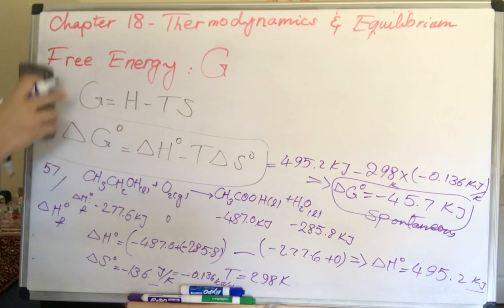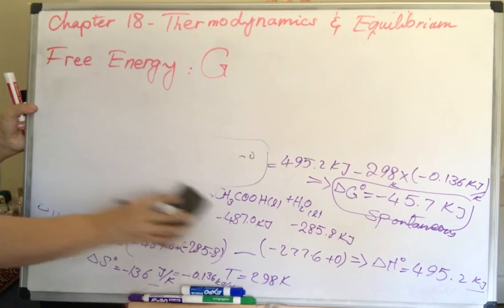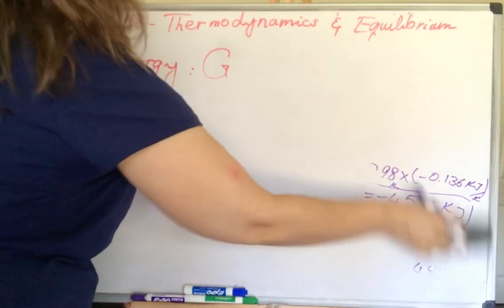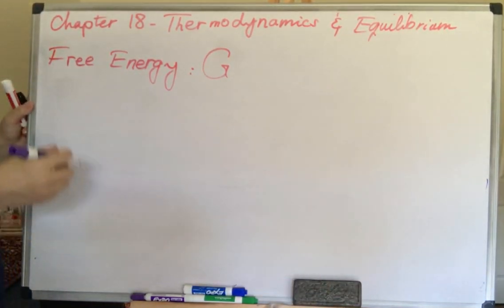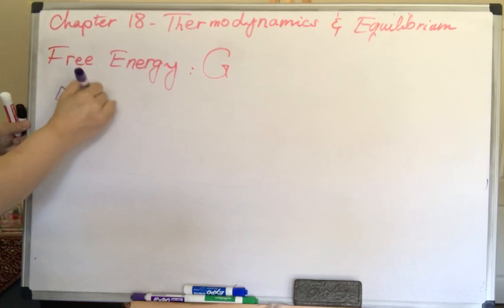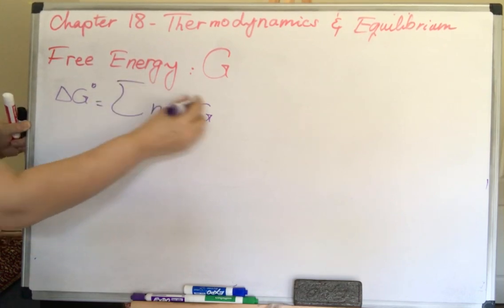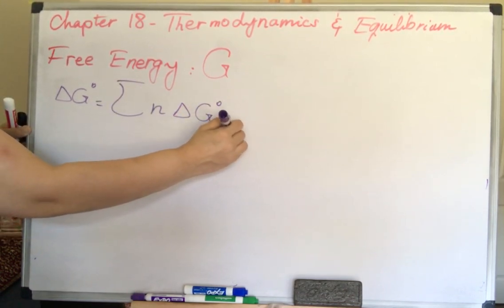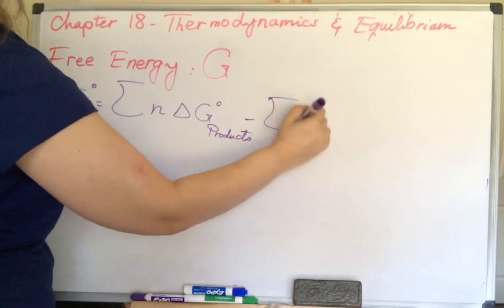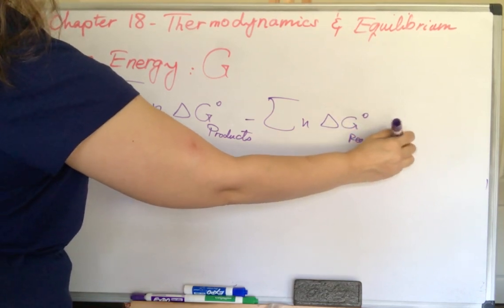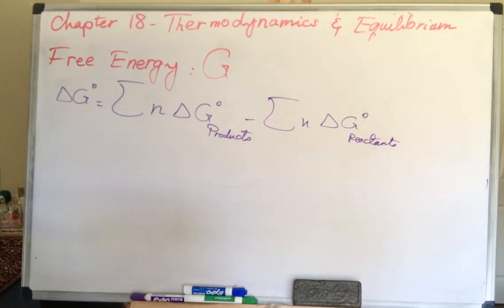If you need them, you will have them later on, just like delta H and delta S. Delta G is also a state function, and how to find delta G standard for a reaction is exactly the same: the number of moles, or coefficients, times delta G standard of products, minus n times delta G standard of reactants. Alright, so now you have an example on slide 64.